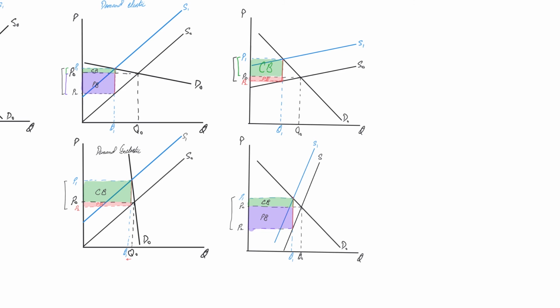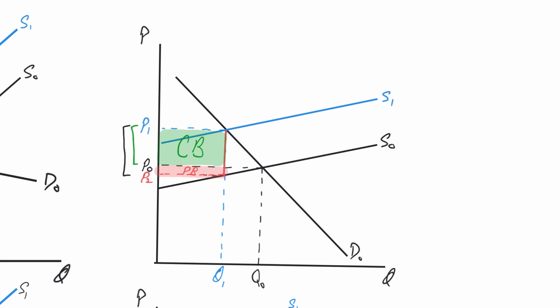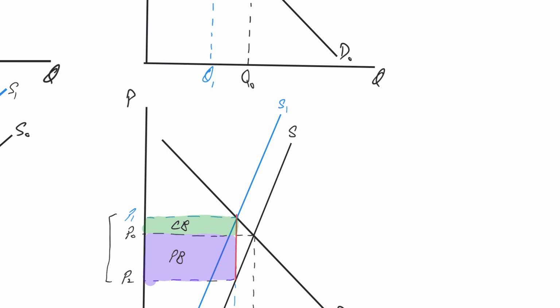All right, who bears more burden, this is how the elasticities is suggesting. So this is supply elastic and supply inelastic.